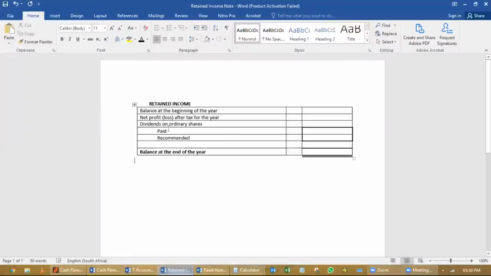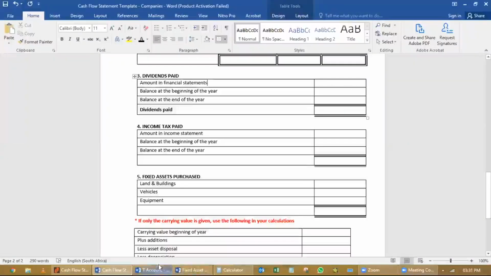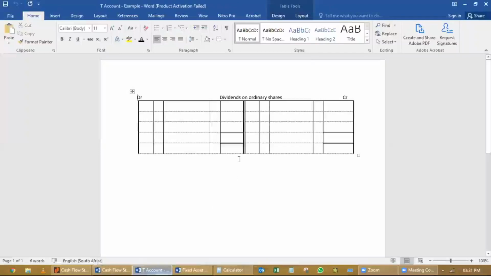So we need to now work this dividends out. How we do that is by doing the TAccount. Right, so for us to be able to calculate that amount, we need to do the TAccount. You will remember this TAccount from your test and term 1 work. Right, so your dividends on ordinary shares account, you will have over here your interim one that you have already paid.